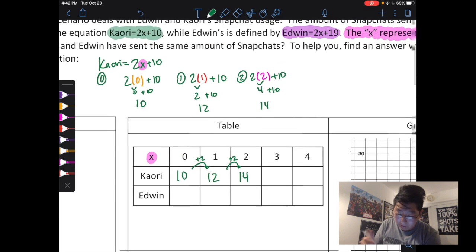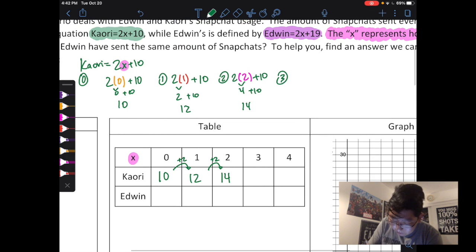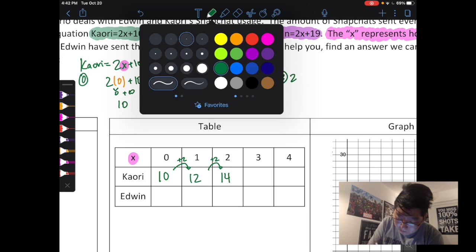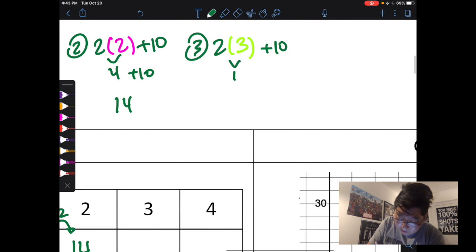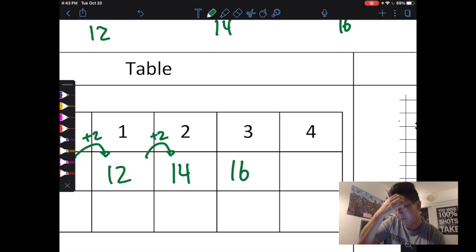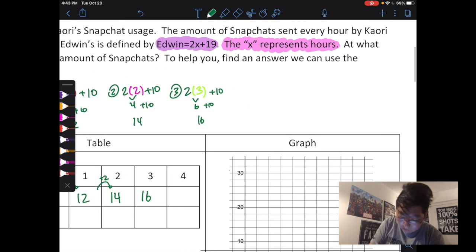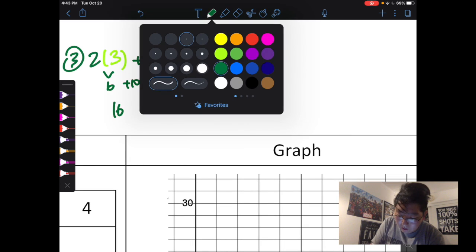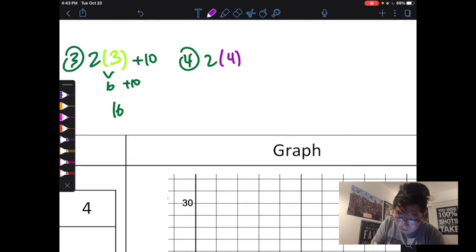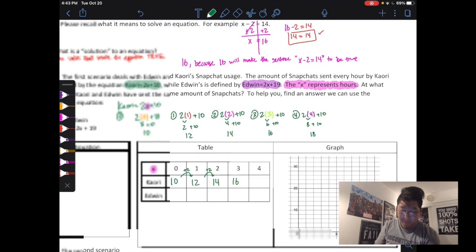But we're going to keep going. We're going to fill out this whole table doing the same thing. So in 3 hours, 2 times 3 plus 10. 2 times 3 is 6. Plus 10 is 16. Last one, 4 hours. How many did he send in 4 hours? 2 times, instead of x, I'm going to put 4 plus 10. 2 times 4 is 8. 8 plus 10 is 18.